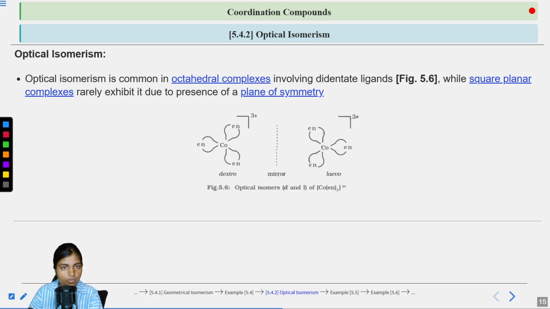So that's why 6 bonds are forming in this whole complex between the central metal ion and the bidentate ligands.